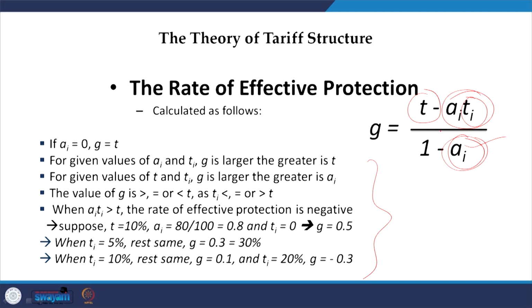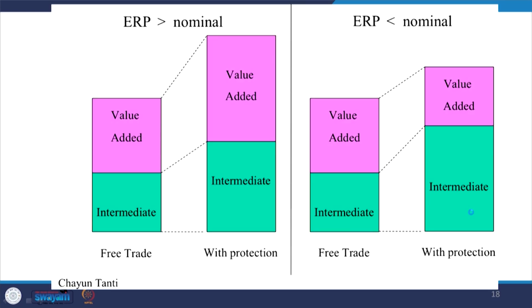So, accordingly we can define. Given the fact that T is 10%, if AI is 80% and TI equals 0, G equals 50%. So, now just compare: this is equal to 10% whereas this is equal to 50%. We have already verified these, and they are given for your clarity; you can follow and try to understand in detail.